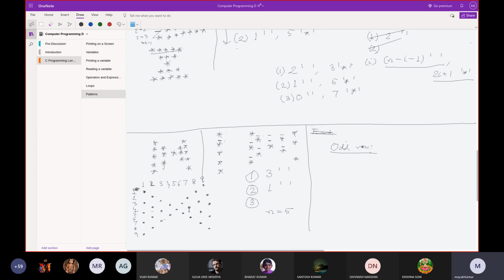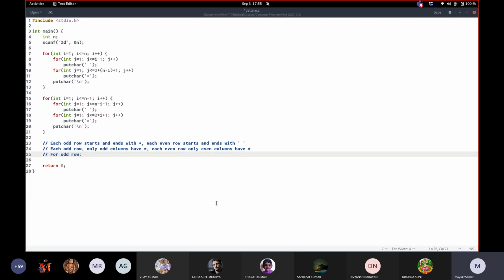Only the fifth row has all the stars. Only the nth row has stars, considering n is odd as well. Only the nth row has a star at each odd position.